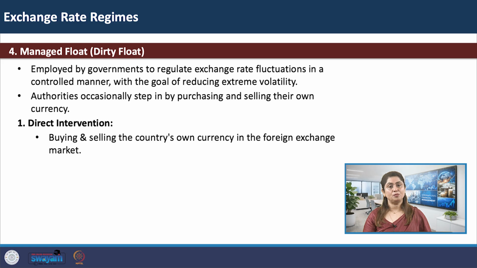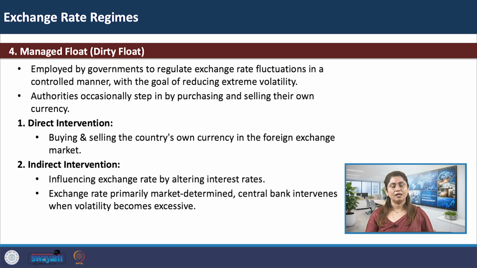Conversely, if the rupee is appreciating too rapidly and hurting export competitiveness, the RBI can sell rupees and buy dollars, increasing supply of rupees and pushing it down. These are actual transactions in the forex market. They are not hypothetical.